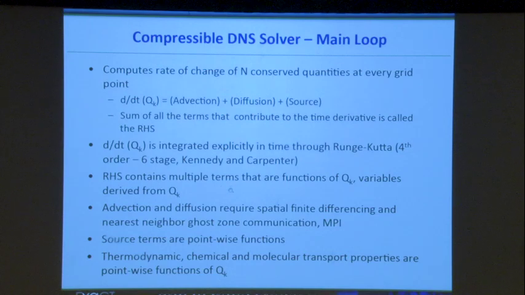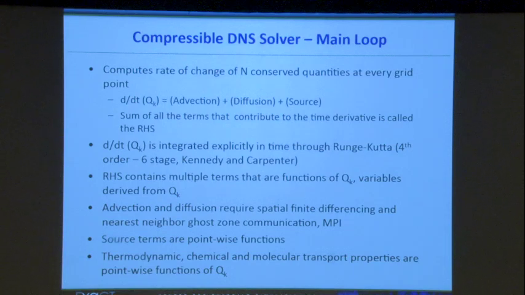And then a lot of the terms on the right-hand side that comprise diffusion, advection, and the source terms are written in terms of the primitive variables derived from the intermediate primitive variable vector.